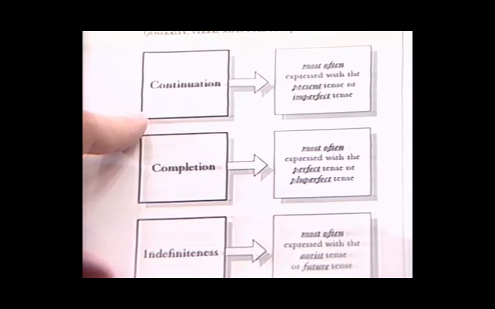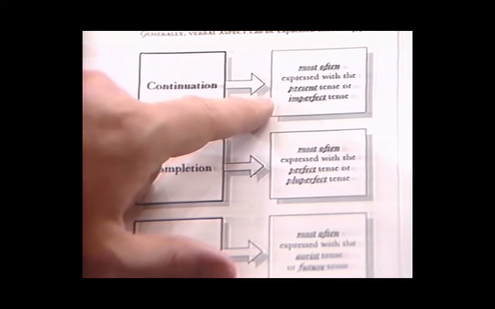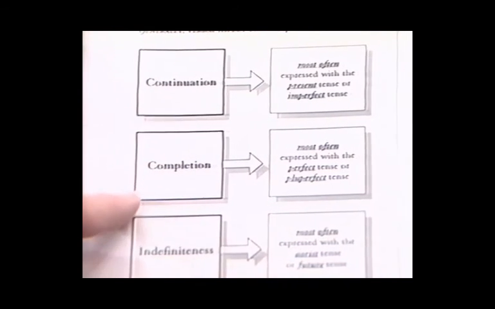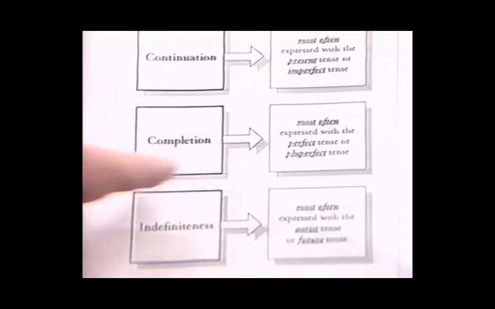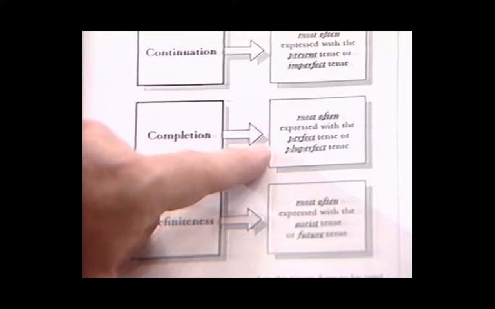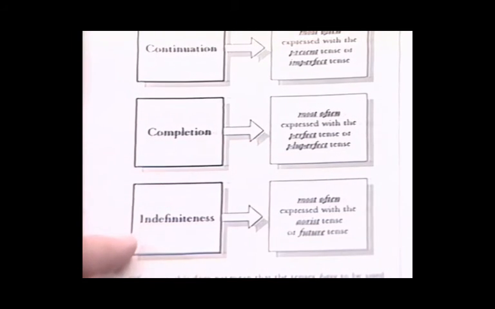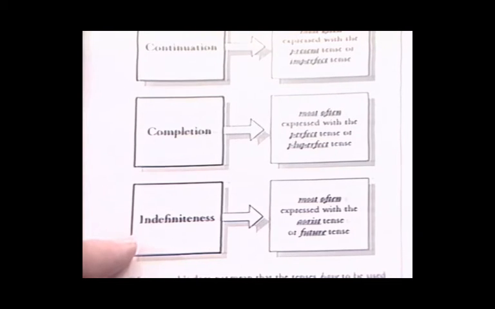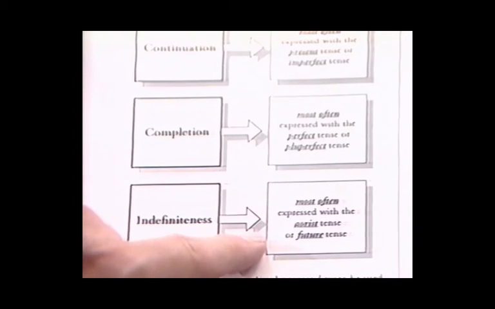The tenses which most often express continuation are the present and the imperfect tenses. The tenses which most often express completion are the perfect and the pluperfect tenses. The tenses which most often express indefiniteness are the aorist and the future tense.